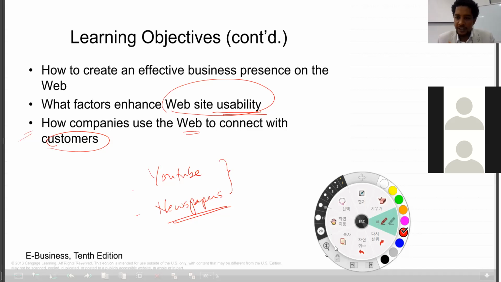Since everything is detailed, once you grasp the concept, then you can read by yourself. That's the only way we can finish these chapters.